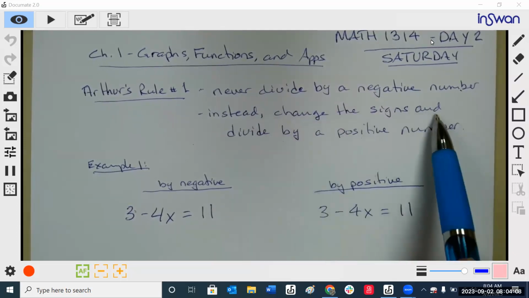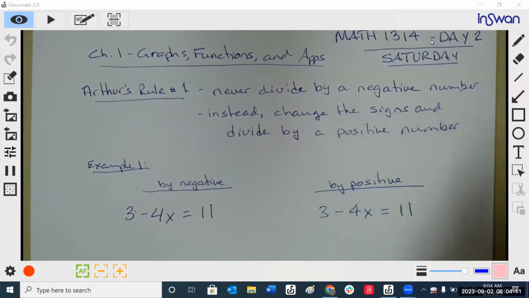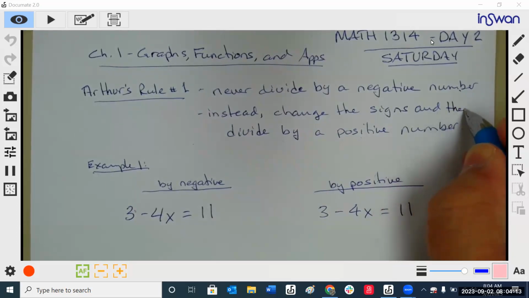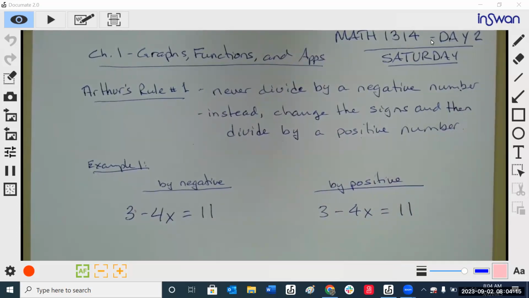Instead, change the signs and then divide by a positive number. But trust me, the less you have to worry about negative signs, the easier this class will be, because negative signs will ruin your day so many times over. I'll talk slowly so you can catch up.